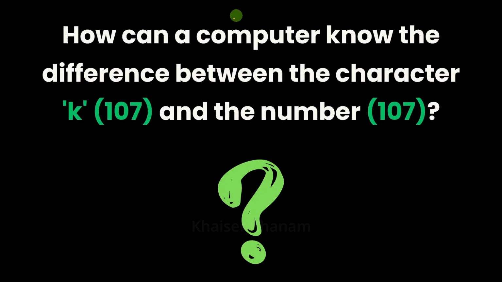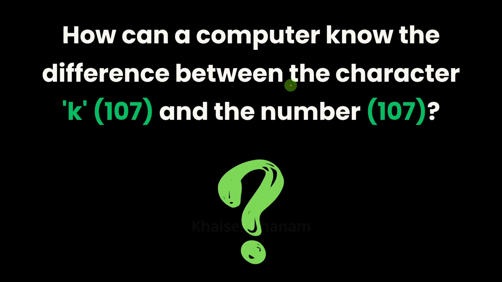Now again, definitely you should have this question: how can our computer know the difference between the character K and the number 107? Because I mentioned the character K will be converted to a number, and then that number will be converted to binary representation. So the same binary representation will also be given to the number 107.